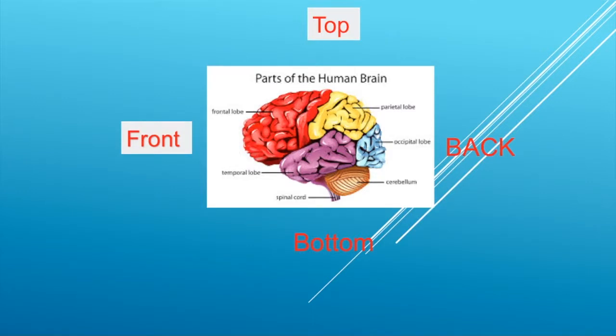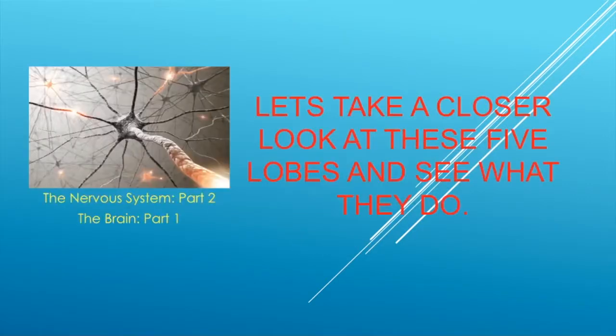The bottom is other parts of the spinal cord and the cerebellum, which we'll discuss later. And the top, you'll find the frontal lobe and the parietal lobe. The temporal lobe is below those two and is on the side. So let's go on and have a closer look at these lobes and see what they do.